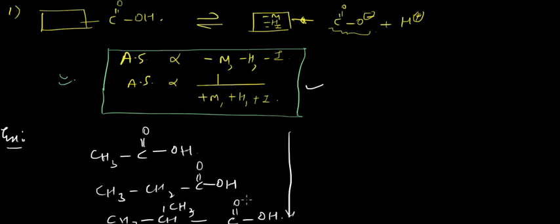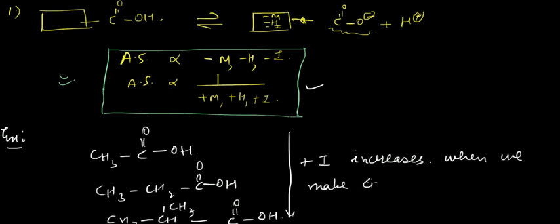Because plus I increases. When we make the conjugate base, just make the conjugate bases of each of the compounds and you will know that the acidic strength decreases.